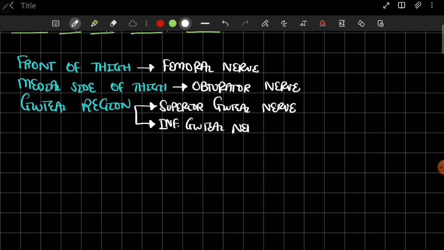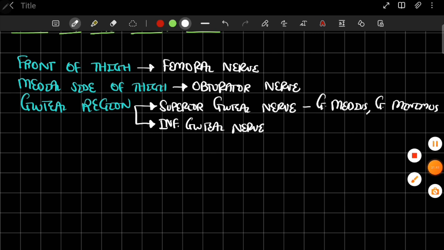We have already discussed that the superior gluteal nerve is responsible for gluteus medius and gluteus minimus, while the inferior gluteal nerve is responsible for the gluteus maximus alone. This is the most important nerve supply in the gluteal region.